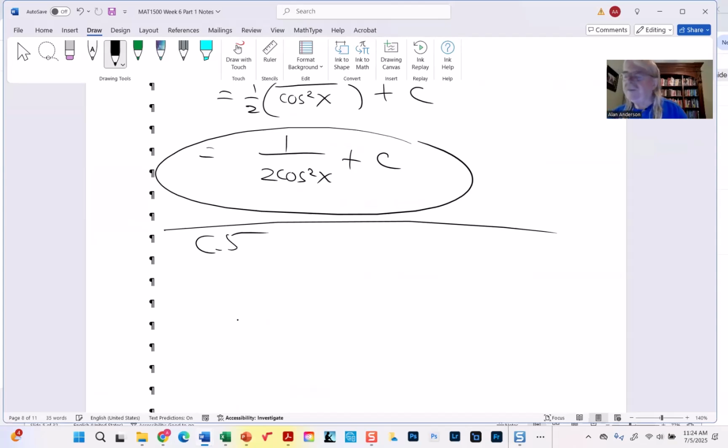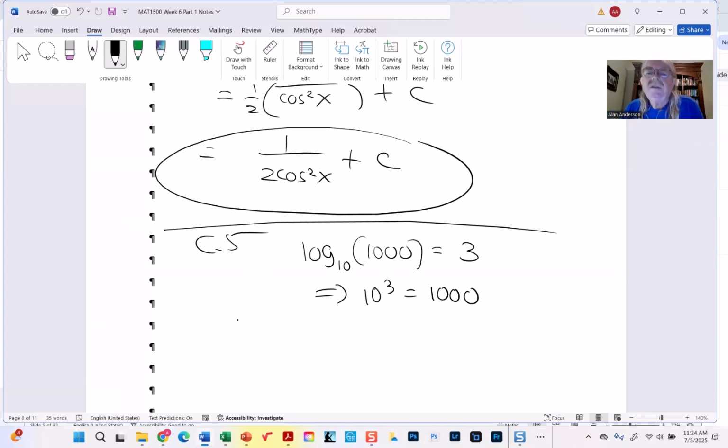You might remember, for example, seeing something like this. Now, this statement says that 10 to the third power is 1,000. So the log to base 10 of 1,000 must be 3. Okay. So, or how about something like this?